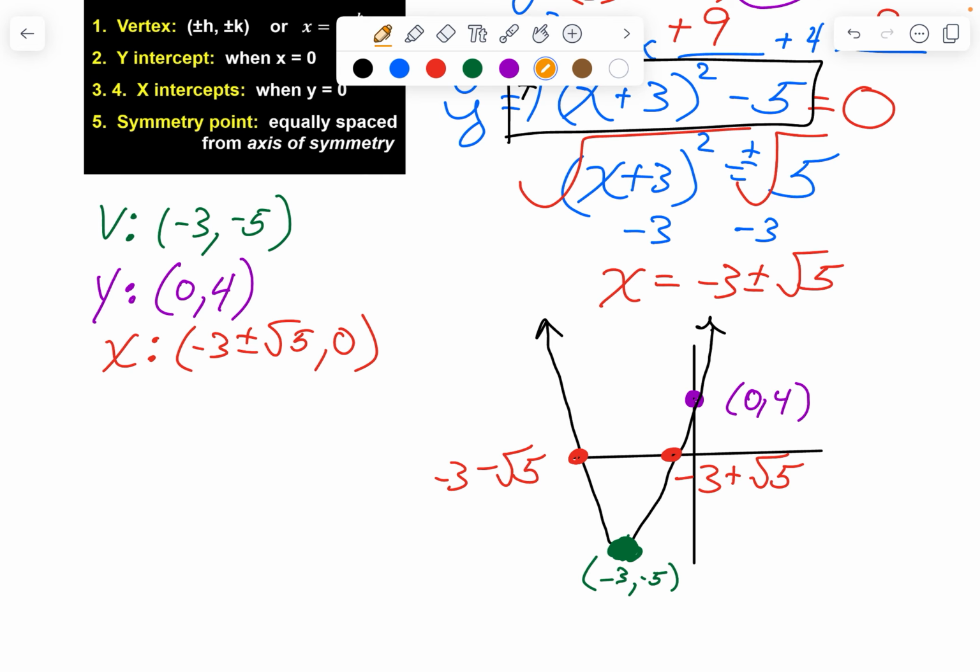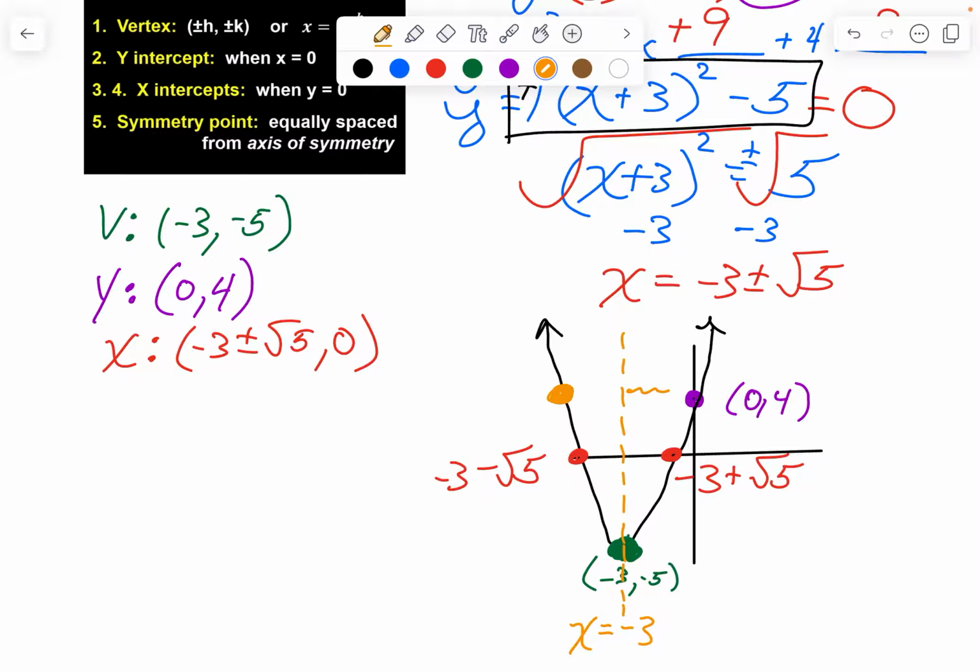So what about the symmetry point? Well, remember, there is an axis of symmetry. Your axis of symmetry goes through the vertex, so it's technically at -3. But what's most important here is that on the other side of my y-intercept, I have a point of symmetry.